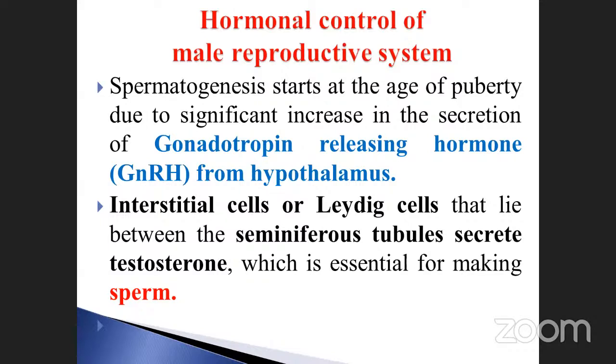They may confuse you with male hormone testosterone, progesterone, estrogen. You have to tell testosterone, which is essential for making sperm. Testosterone is very, very important for spermatogenesis. Which hormone? Male hormone. Testosterone is very, very essential. Okay, go to the next one.